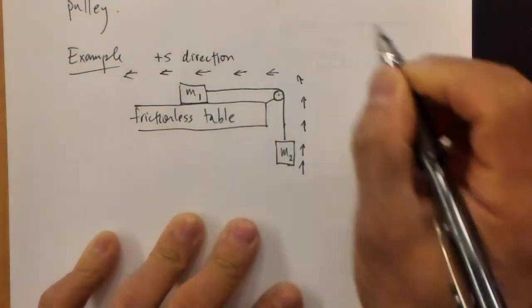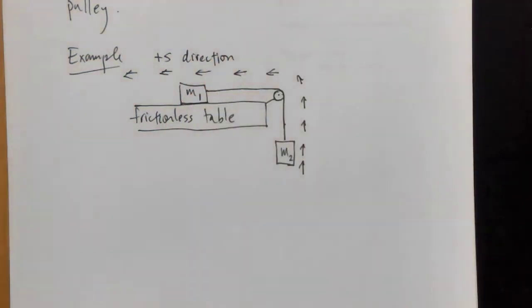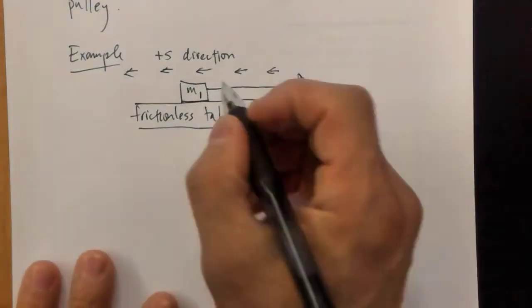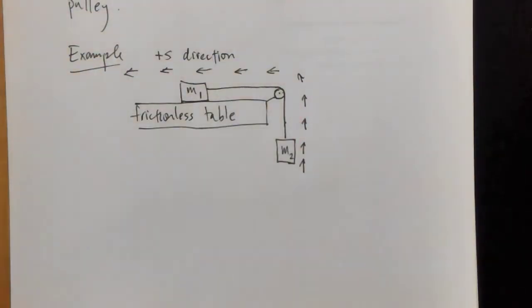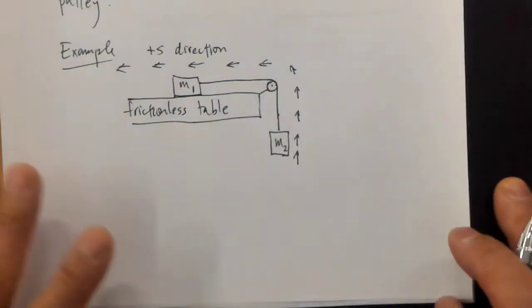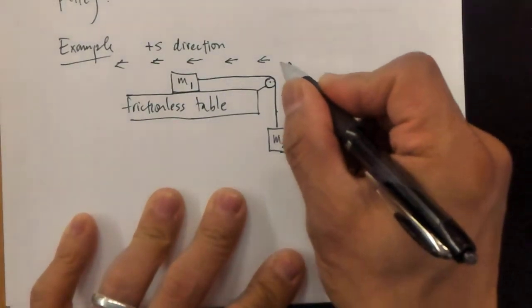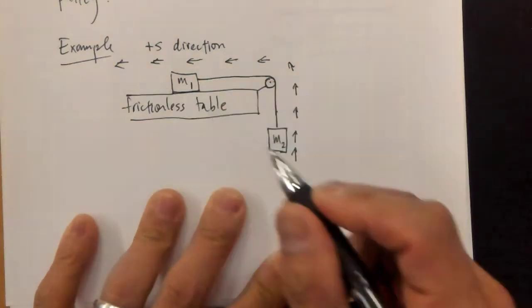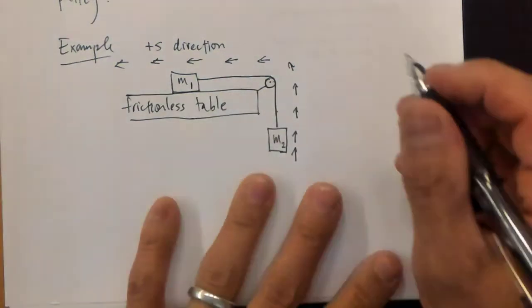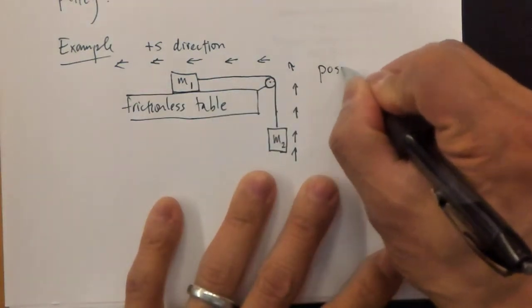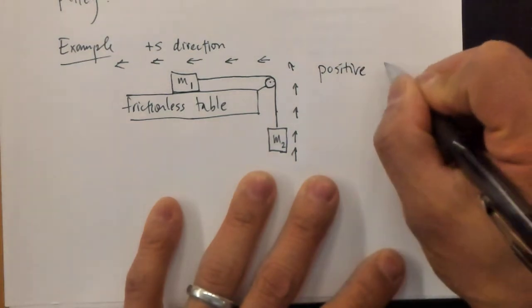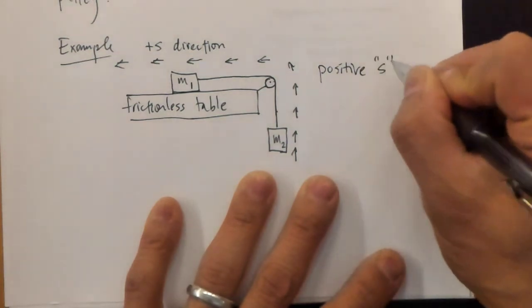Your book uses S for the uniform acceleration problem, so it's not unfamiliar to use that as a subscript. Okay, so it will be up over here, and then it will be to the left over here. All right? And it'll be useful in this direction. So this will be what I call the positive S direction.